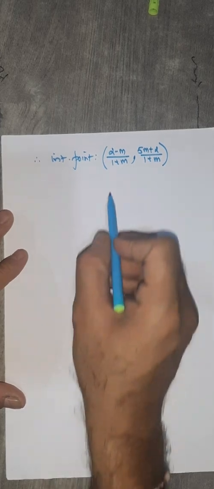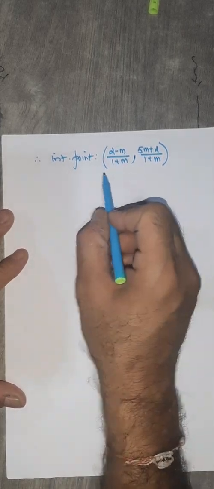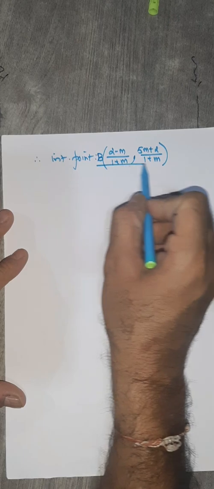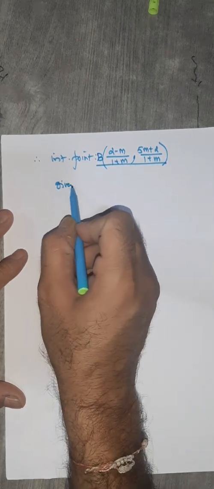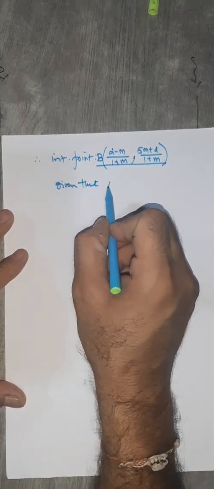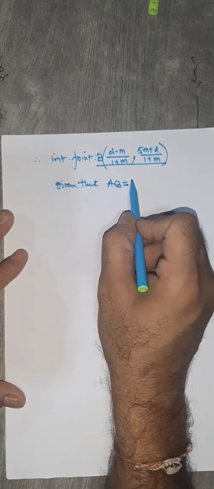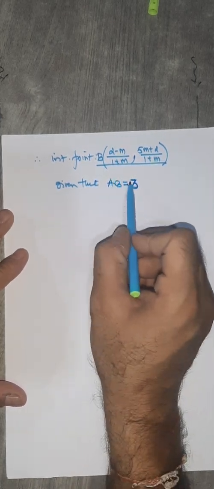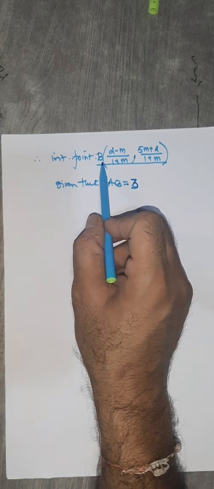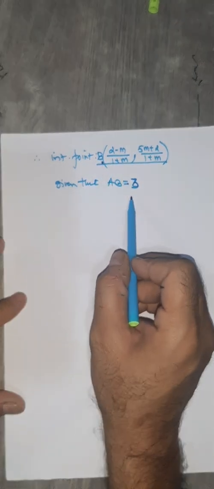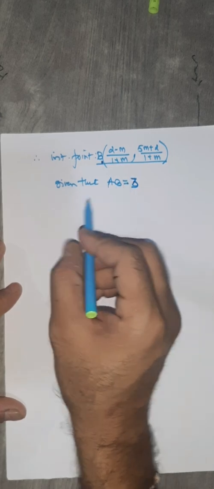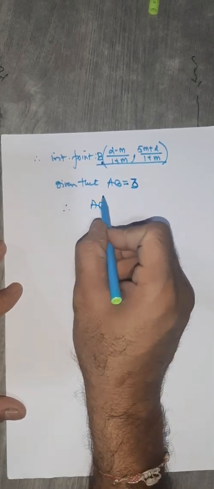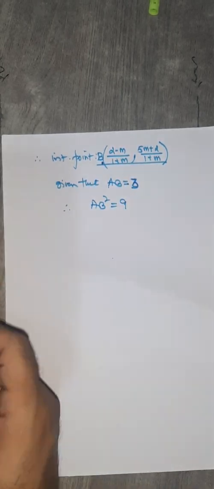Now, let me call this point B. What is given? We are given that AB equals how much? 3. That's given to us in the question. The distance between the intersection point and the given point, which we called A here, AB equals 3. So therefore AB square equals 9.